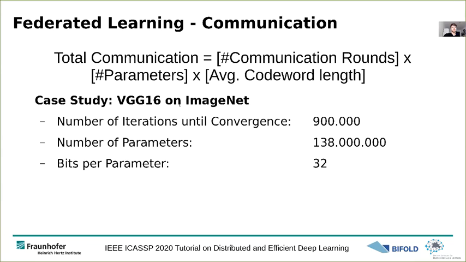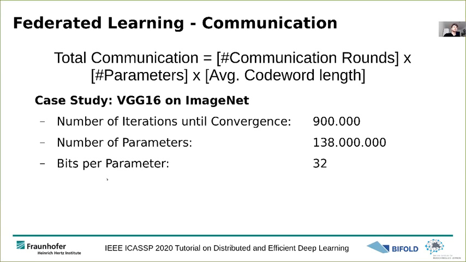So if you now look at a VGG trained on ImageNet, so a very common neural network trained on a large but still common data set of images, then we're talking about 900,000 iterations until convergence. The VGG16 network has about 138 million parameters.